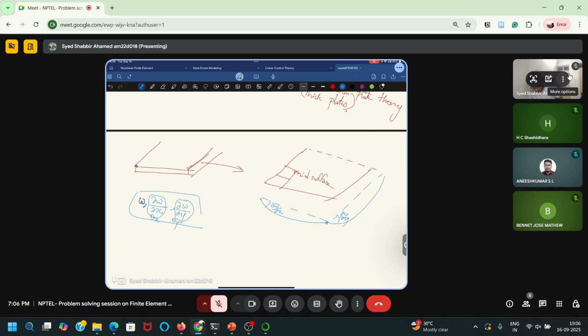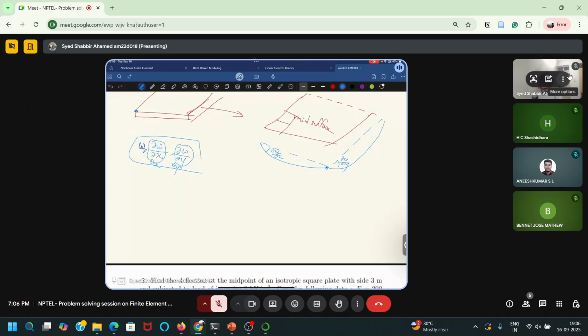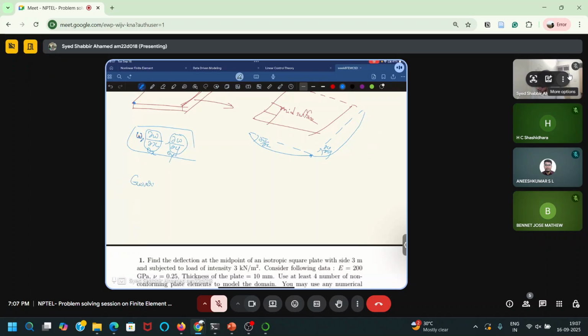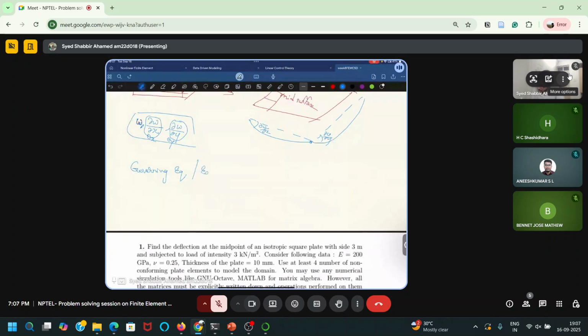As I've said, I will just write what the final governing equation is. The final governing equation after formulating this plate theory is something which looks like this. This is my final governing equation of motion. Governing equation or equation of motion, whatever you want to call it.